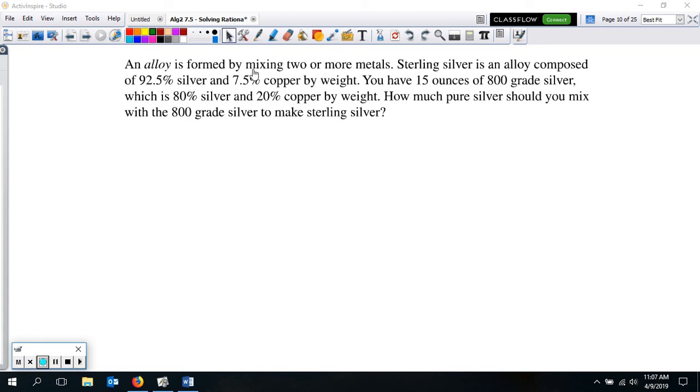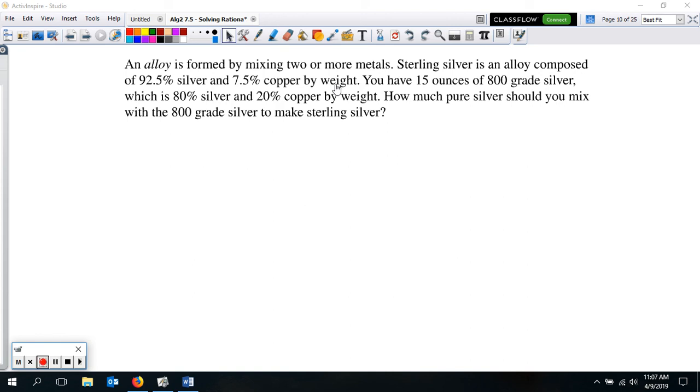So it says an alloy is formed by mixing two or more metals. Okay, so an alloy would be the sterling silver. That's an alloy. Sterling silver is an alloy composed of 92.5% silver and 7.5% copper by weight.